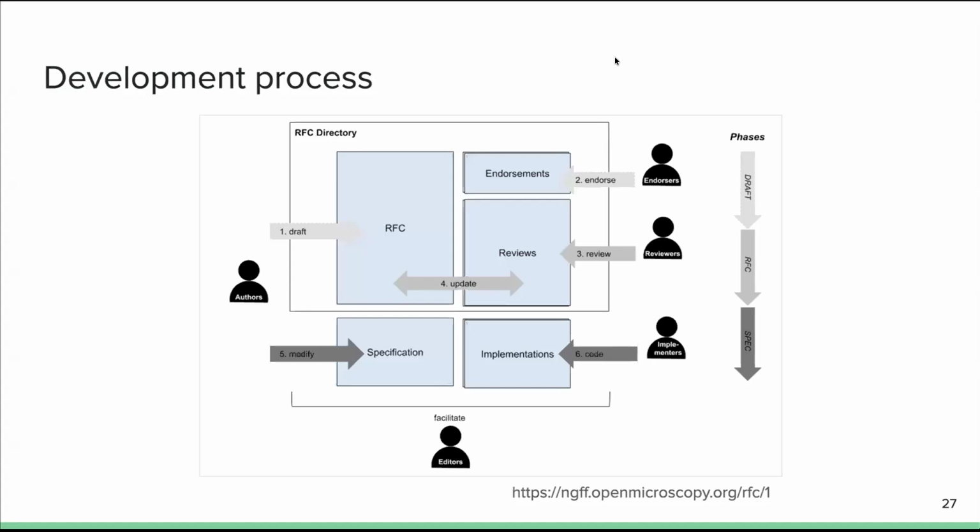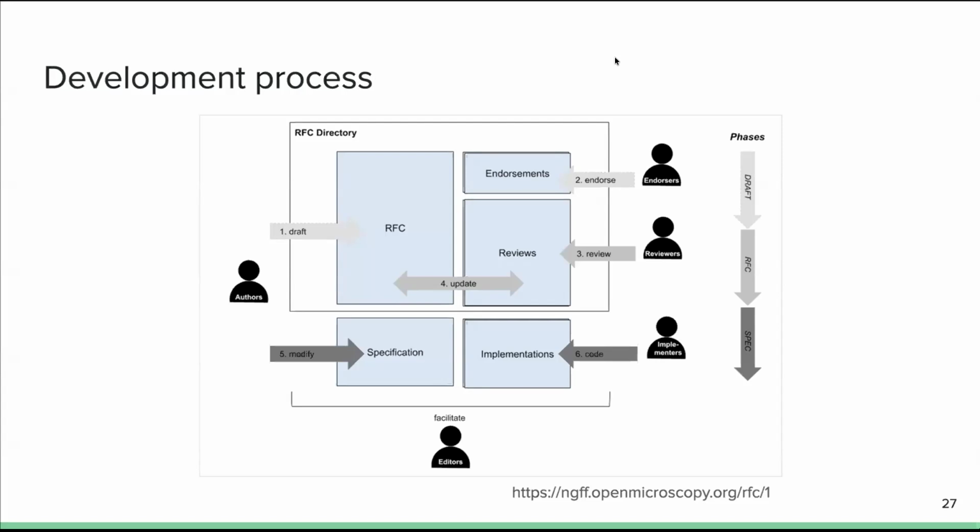So obviously, as I said before, it's not too difficult for any given organization to pile in and come up with their own solution to the problems that we've been talking about. So what's different about the NGFF process is that it is community driven. We use this request for comments process, and it's all driven by community consensus, where anybody can come in with a use case, with a set of user stories in particular.